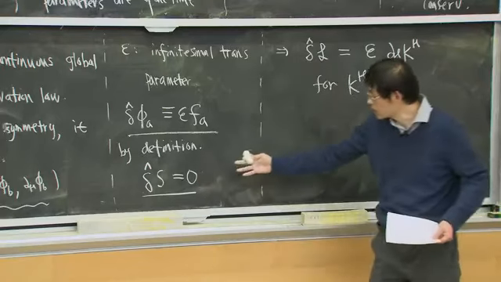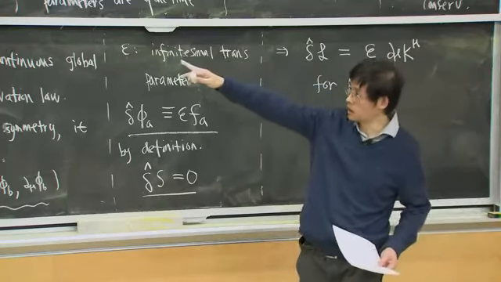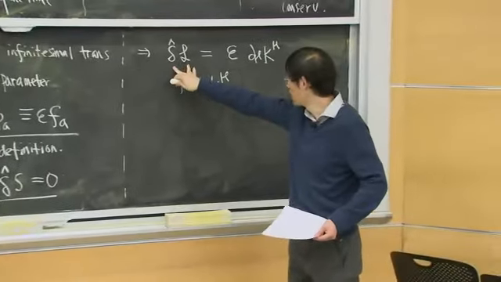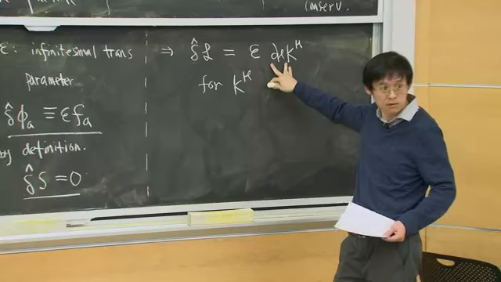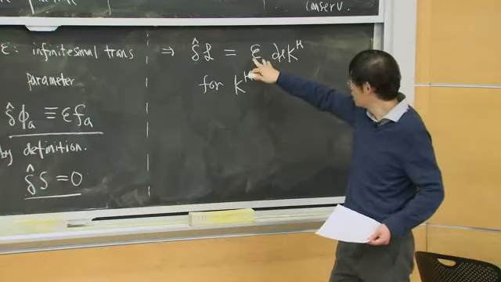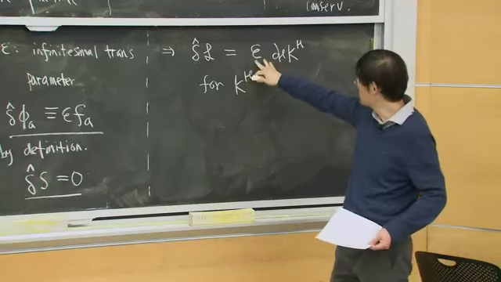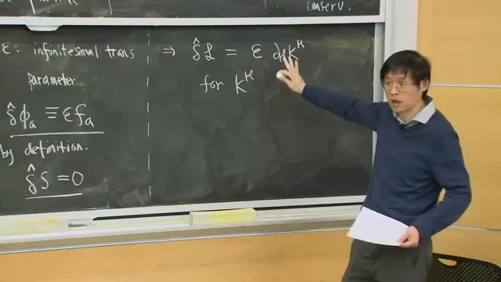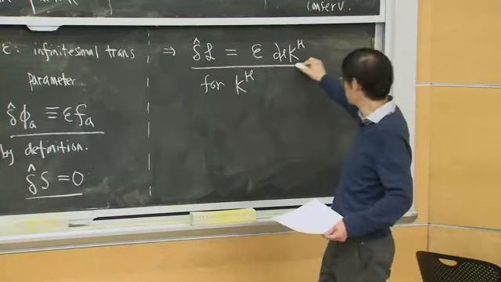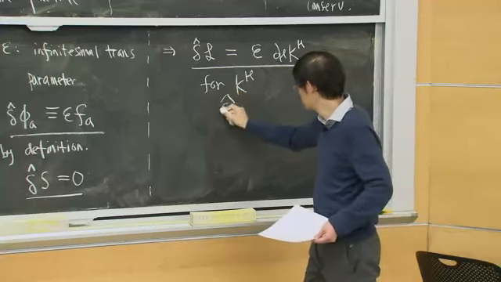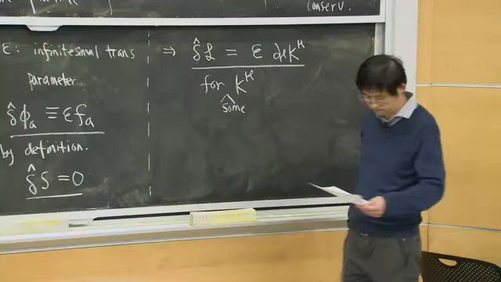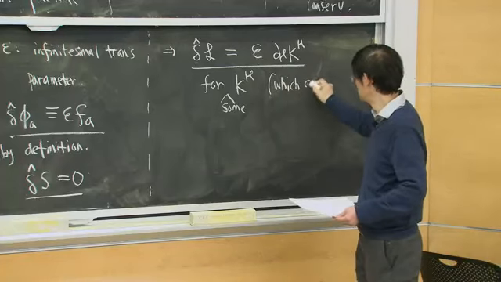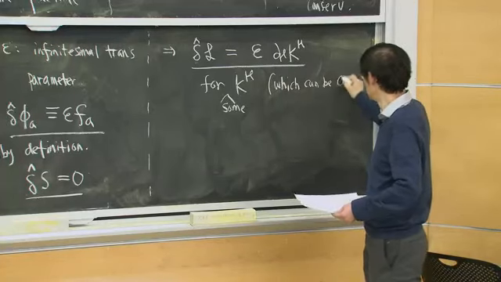In turn, because S is the integral of L, the transformation of L, the Lagrangian density, must be a total derivative. Here we only keep track of linear order in epsilon, so this must be proportional to epsilon times the total derivative. So we must have this structure for some K, which can be 0.